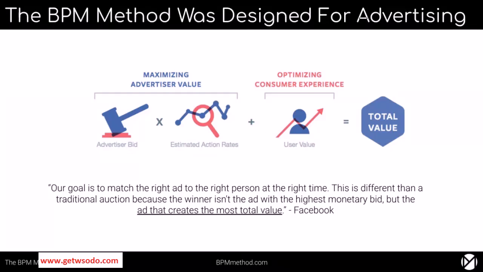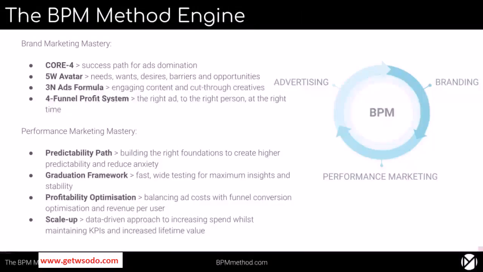So looking at this, you've got advertiser bid on the left, estimated action rate in the middle, and then user value. The BPM method is all about maximizing all of those. And when you go through the program and you really get your ads honed in and your targeting and your funnels and load time and everything else around that, then your campaigns are far more effective.